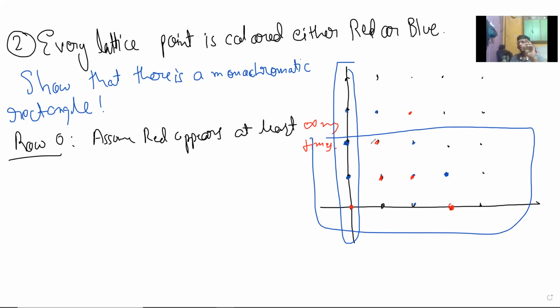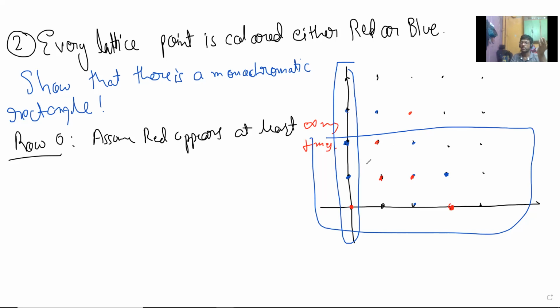Then you go to the second column, and again, but no. In that sense, there are two colors. But there are infinitely many rows.